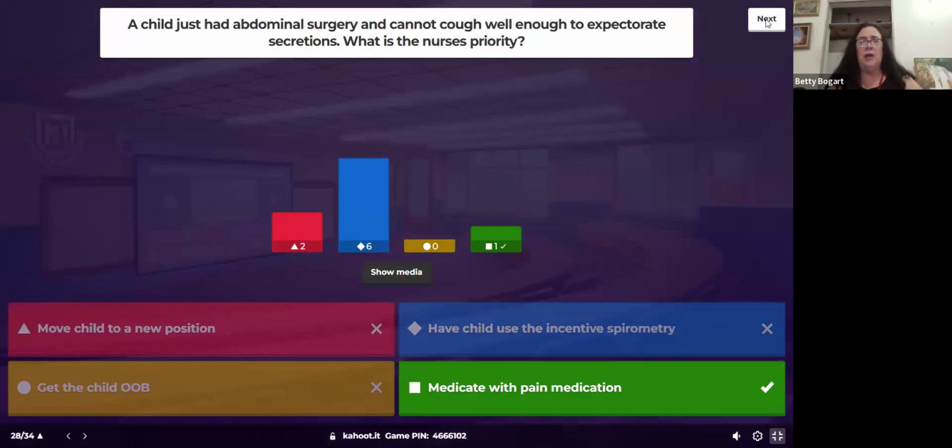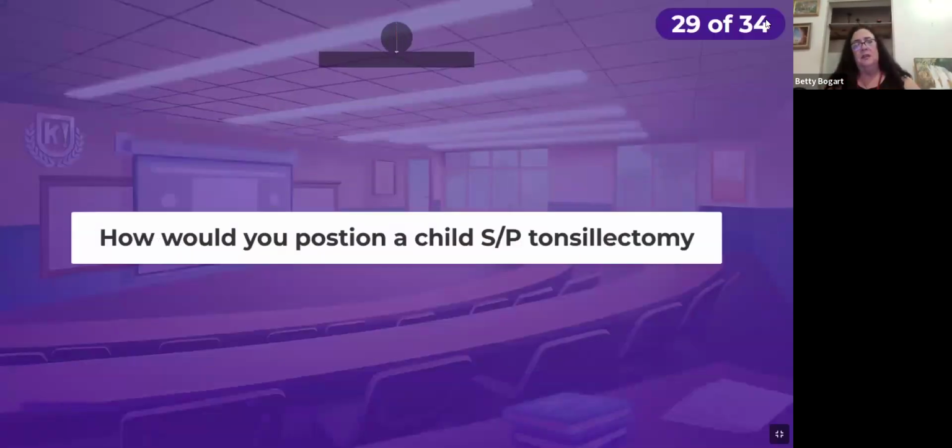So again, if you had a child who had abdominal surgery and can't cough, and they can't get secretions out, we know there's going to be post-op complications. So number one, let's medicate them for pain, okay? After they're medicated, they're going to do all the above. Move them, turn them, position them, out of bed, ambulate, incentive spirometry, et cetera. Number one, remember, pain medicine will let them do what you need them to do.